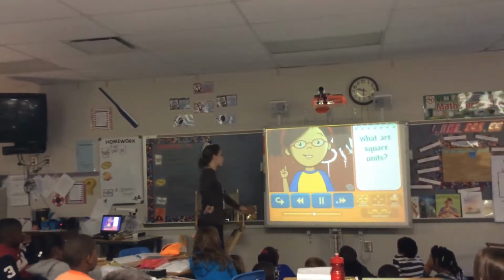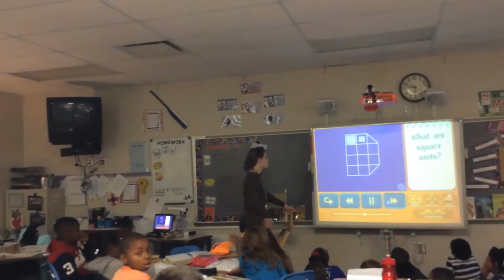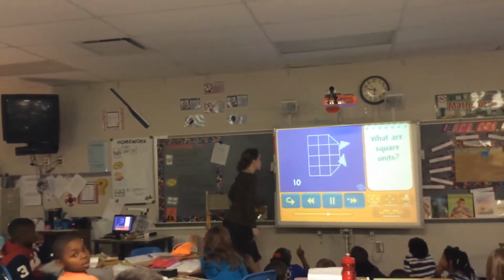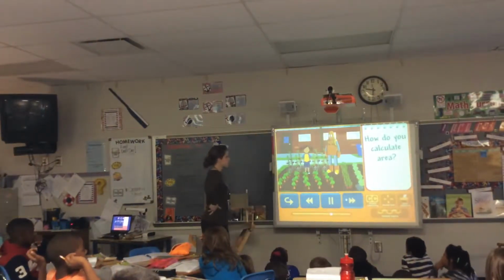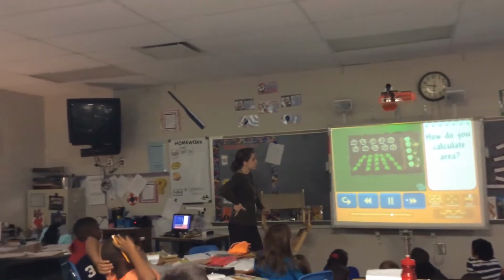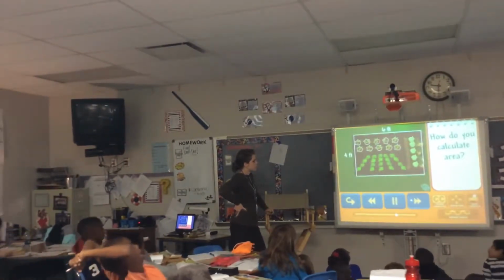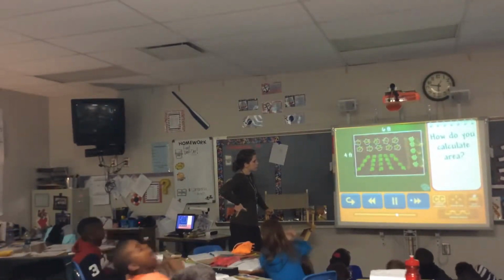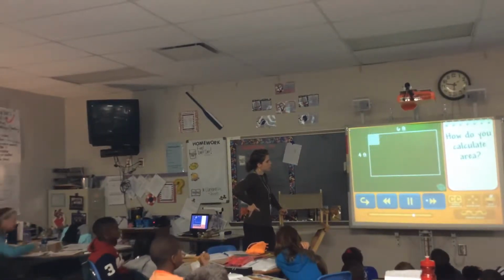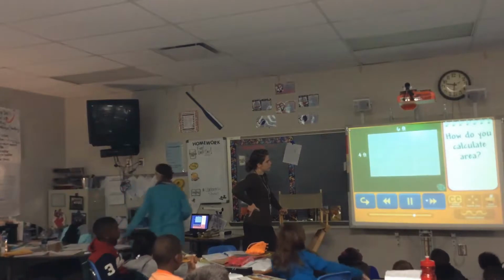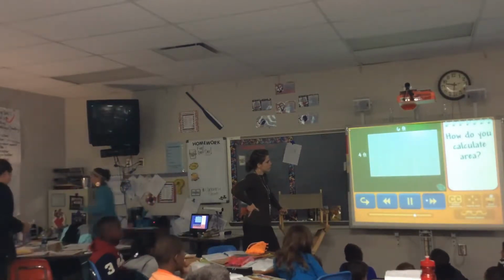First, count the whole squares. 2 half square units make units of our class garden. I know that our garden is 6 feet long and 4 feet wide. We could divide the garden into 1-foot squares. There are 24 of these 1-foot squares.